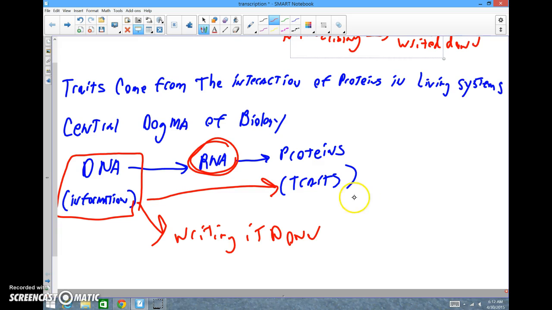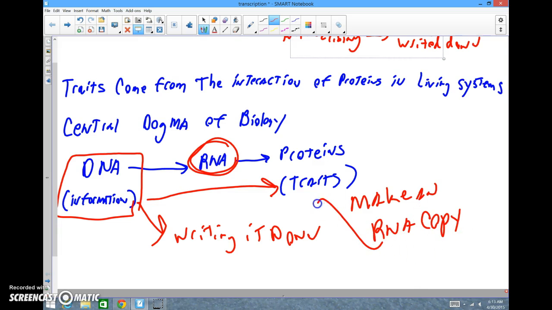All right. So the first part of using your DNA is to make an RNA copy. And then that RNA copy is going to be used to generate your traits.